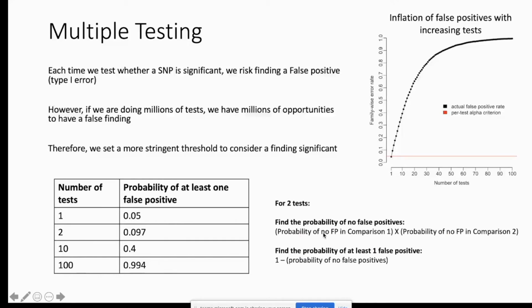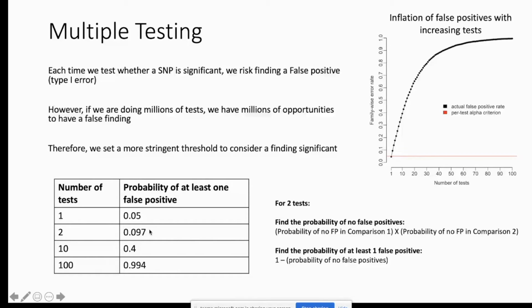And I put in a little bit about the maths here. If we were doing 2 tests, the probability of no false positive in the first comparison is 0.95, because the probability of a false positive is 0.05. In the second test, you also have a probability of no false positive of 0.95. We multiply those, and then to find the probability of at least one false positive, we subtract that from 1, and that's how we get this figure.